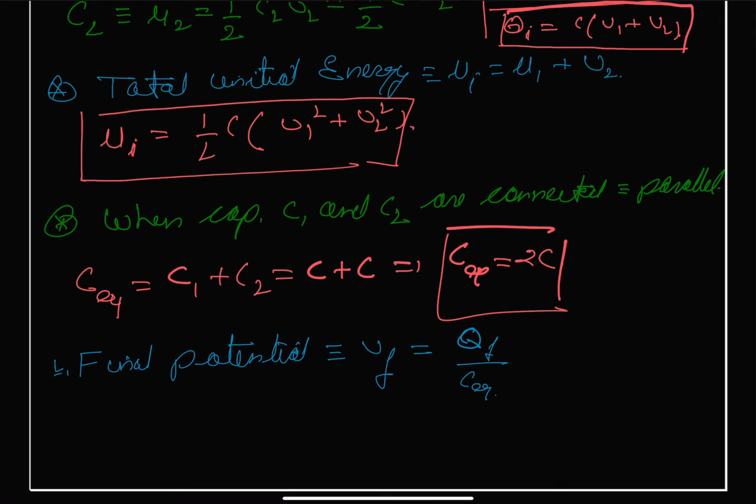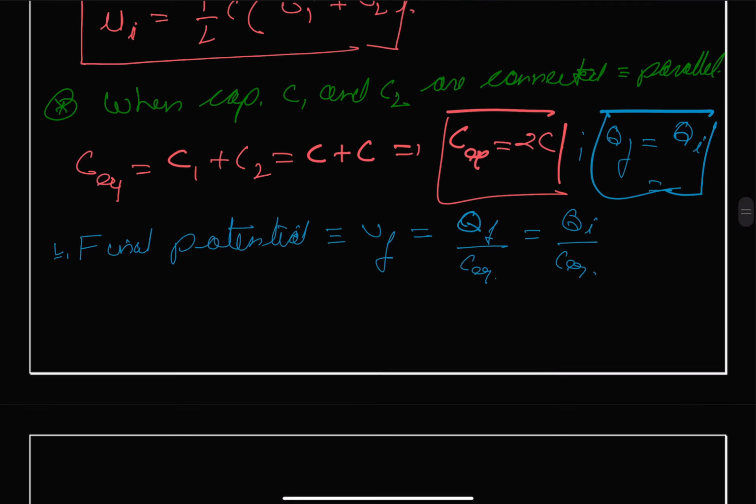And according to the conservation of charges, our Qf will be equal to Q initial, that we have already found. So this comes as Q initial divided by C equivalent, and we just substitute the value.